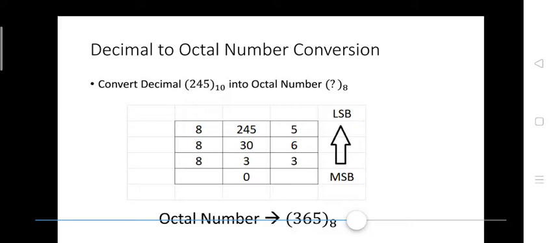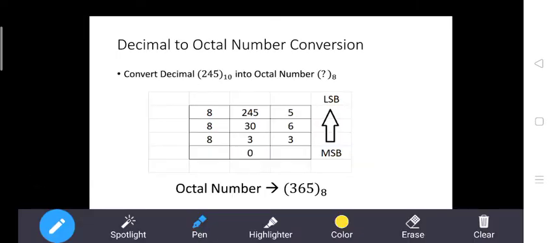So this is my first problem, in which we convert a decimal number into the corresponding octal number. My problem statement is: convert decimal 245 into an octal number. So I write 245 over here.